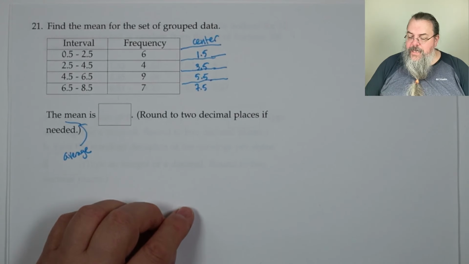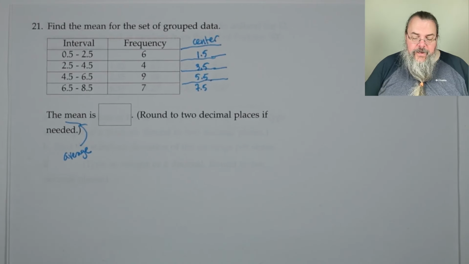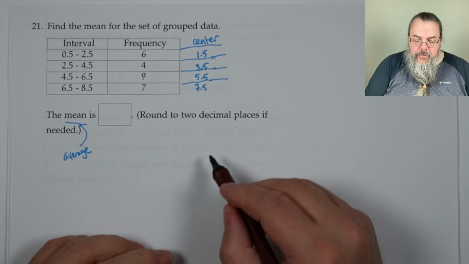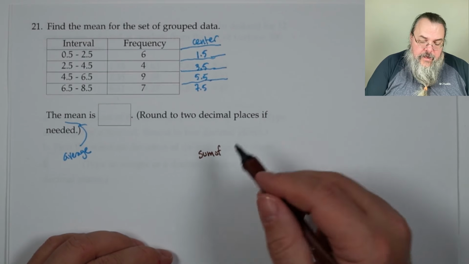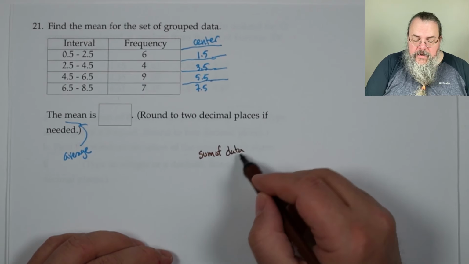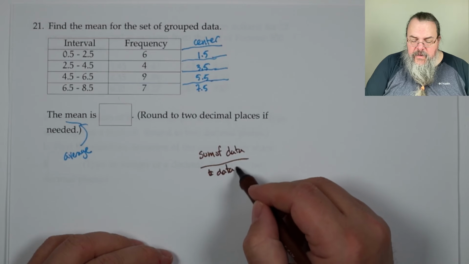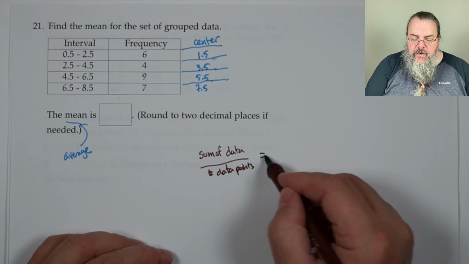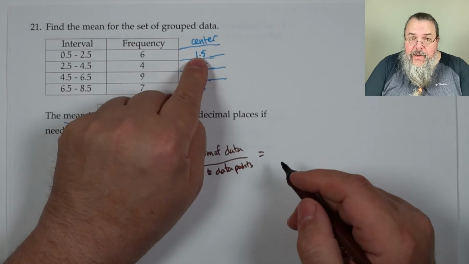Now, since we have our frequency, we're going to take the sum of the numbers, or the sum of the data, over the number of data points. So for that, we take our frequency times the value that we're using.